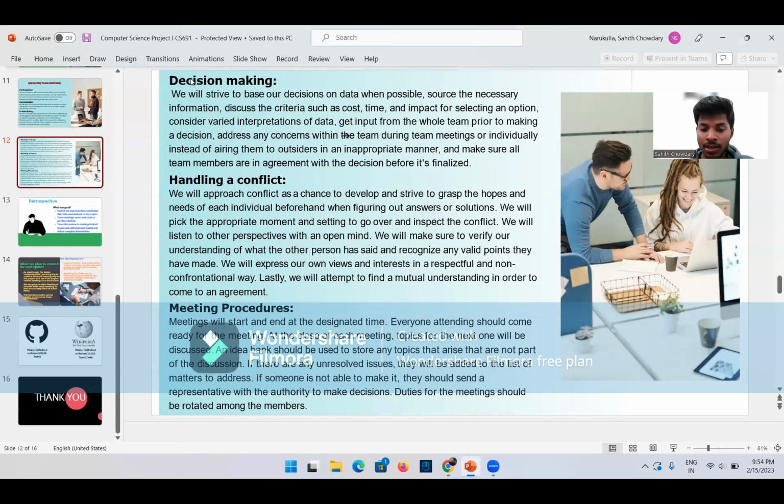Any unresolved issues will be added to the list of matters to address. If someone is not able to make it, they should send a representative with the authority to make decisions. Duty for the meeting should be rotated among the members.